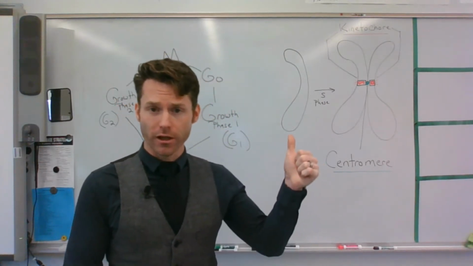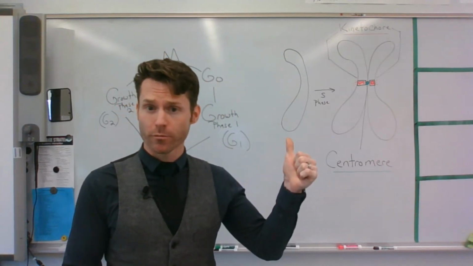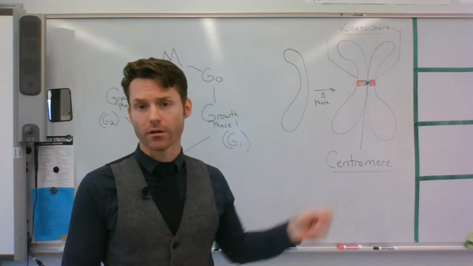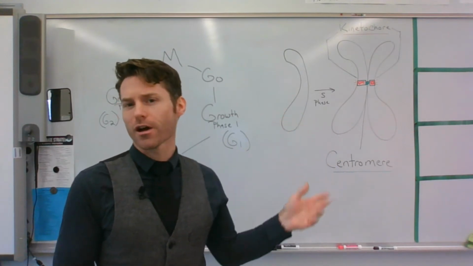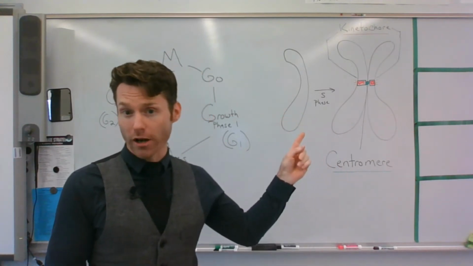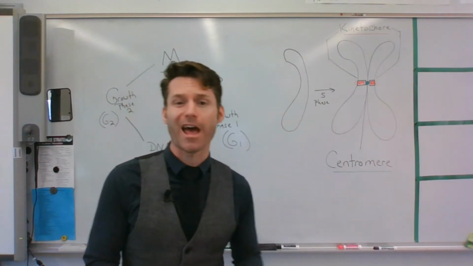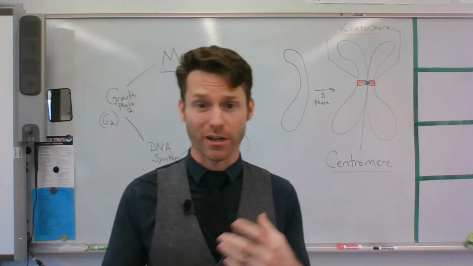And so if this is my representation of a chromosome prior to S phase, post S phase, this is what I'm looking at. And now this model is not accurate because these are mitotic chromosomes. Right? The bundled shape doesn't happen until we hit the phases of mitosis.